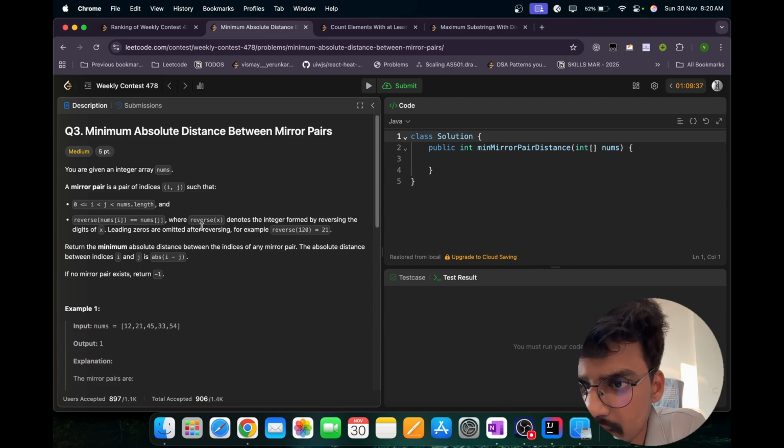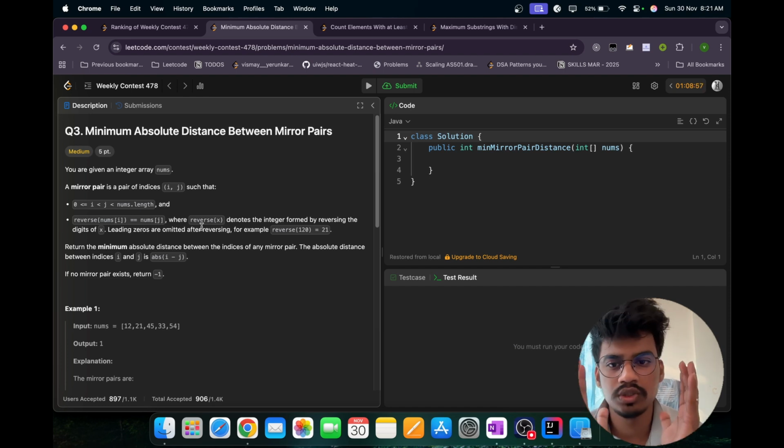You are given an integer array nums. Return the minimum absolute distance between the indices of any mirror pair.